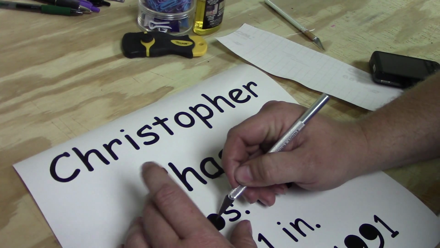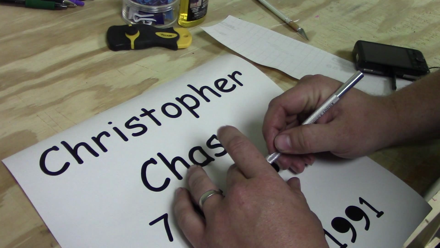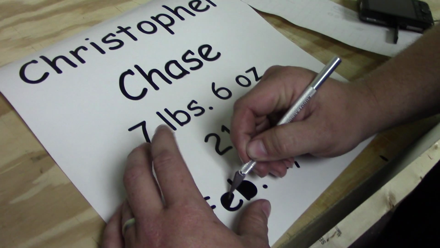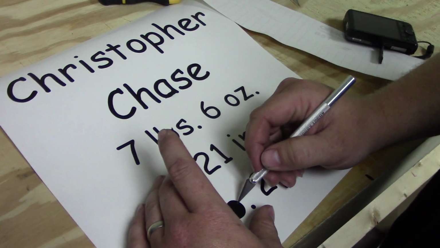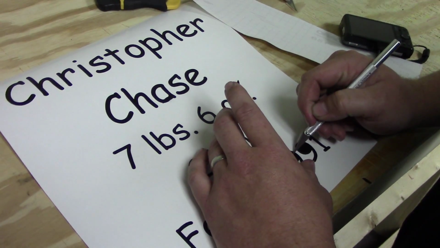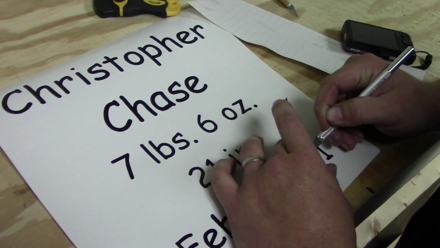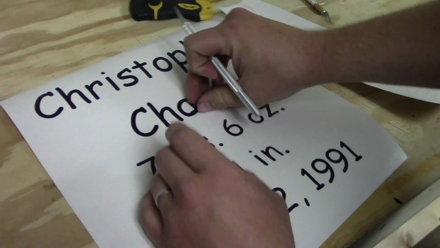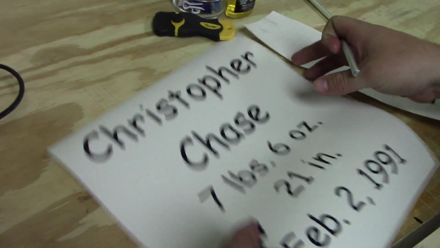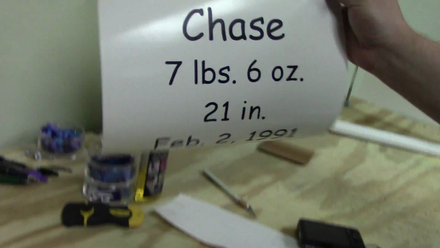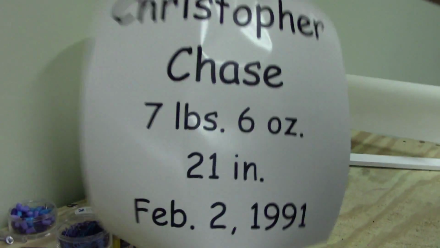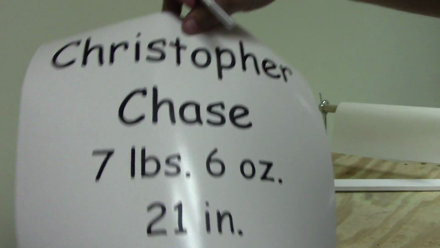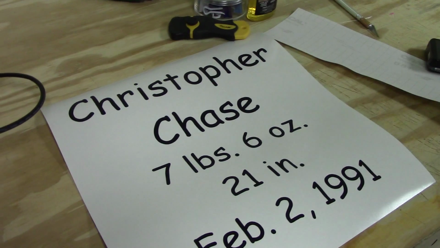So we get that done, and we will have our bundle all cut. Well, the vinyl for the bundle. There we go. So there's what it should look like when it's done, or similar to that.